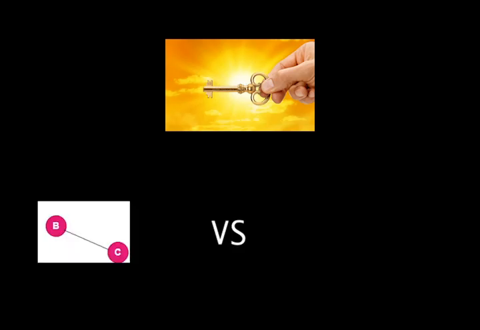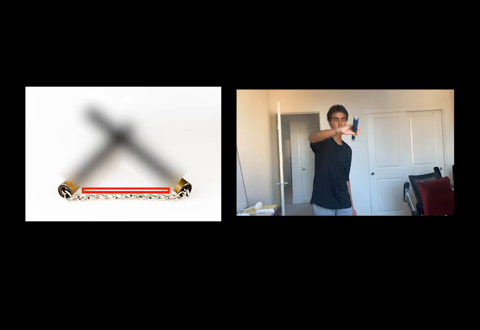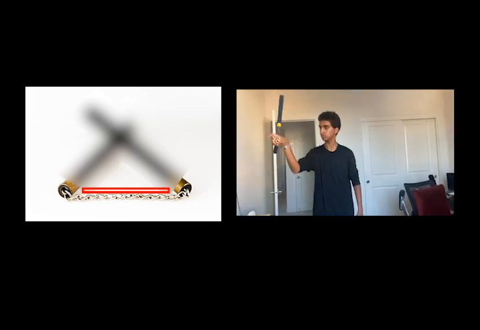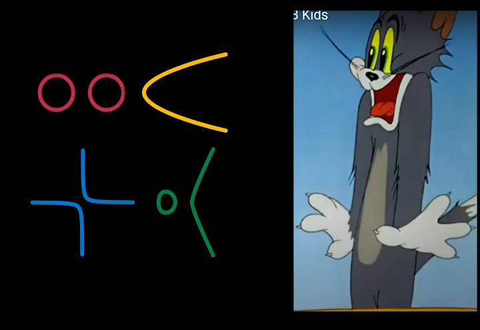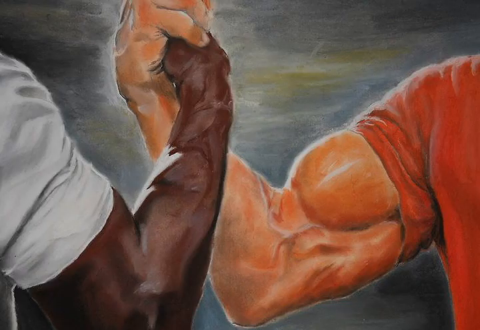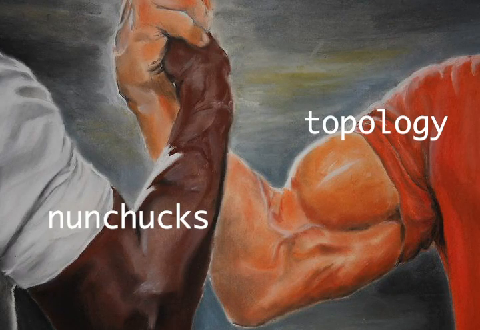But the key distinction here between our graph and our nunchucks is that there is a flexible chain connecting the two. Since our endpoints aren't static or bound like in graphs, our nunchucks can be viewed as a curve or 1D manifold in topology.